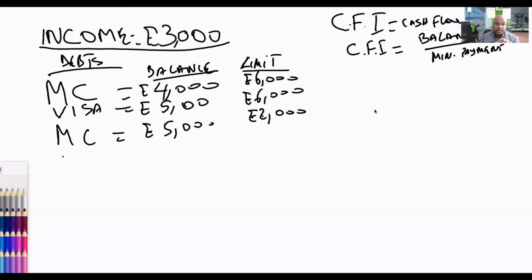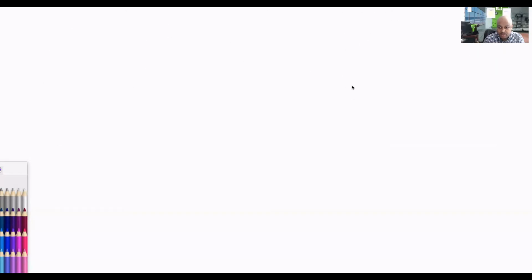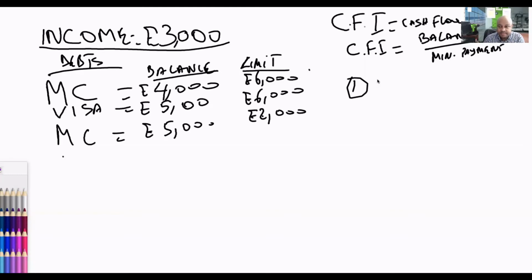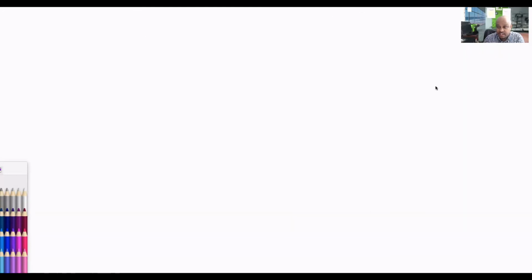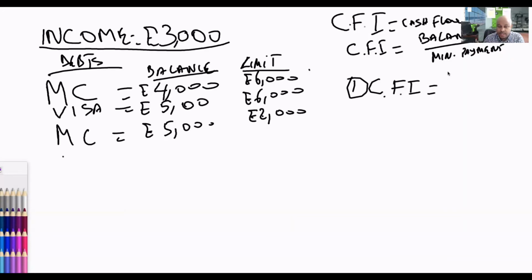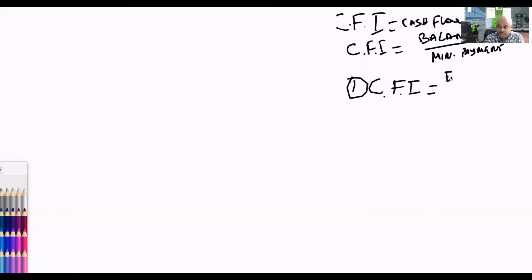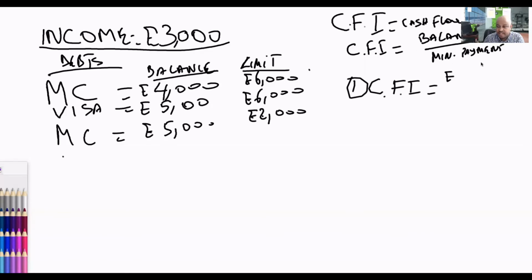Right. So let's say this person is paying £40 per month for this balance. So let's calculate the first scenario. The CFI, which is cash flow index, for this person on the first credit card: the formula is the balance divided by the minimum payment.